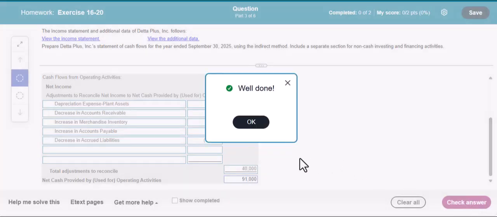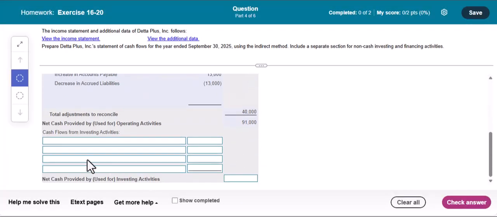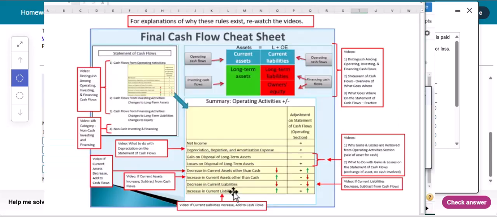Well done. Okay. So then the next portion here, we have cash flows from investing activities. So what goes in the investing activities section is changes to long-term assets, but again, only if they involved cash, because remember this is the statement of cash flows.